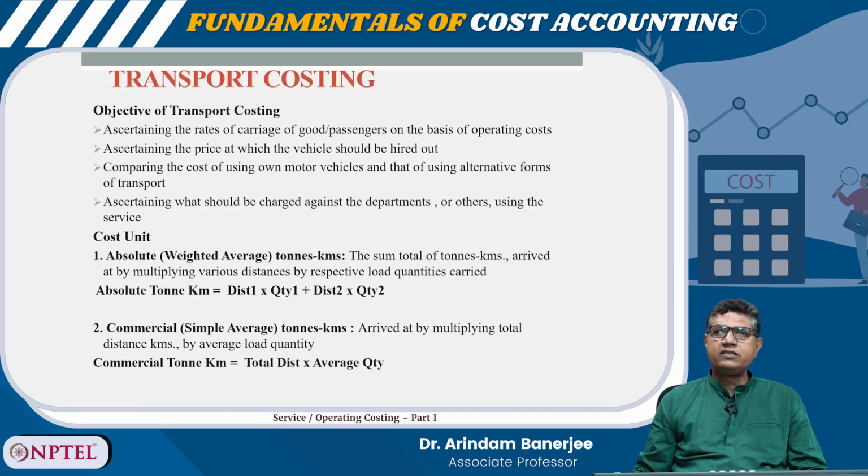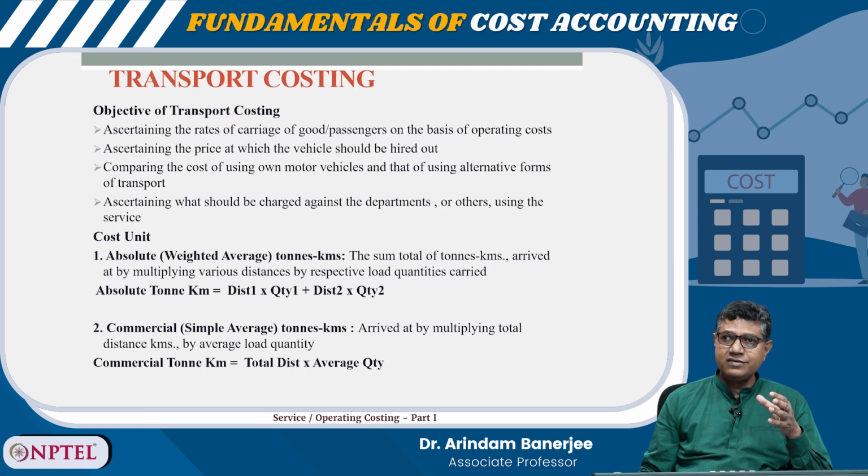As we discussed, the costing procedure in service costing differs because of the nature of business or the nature of the final product or service that the company is delivering. Though the basic tenets are similar, the process of execution is different.